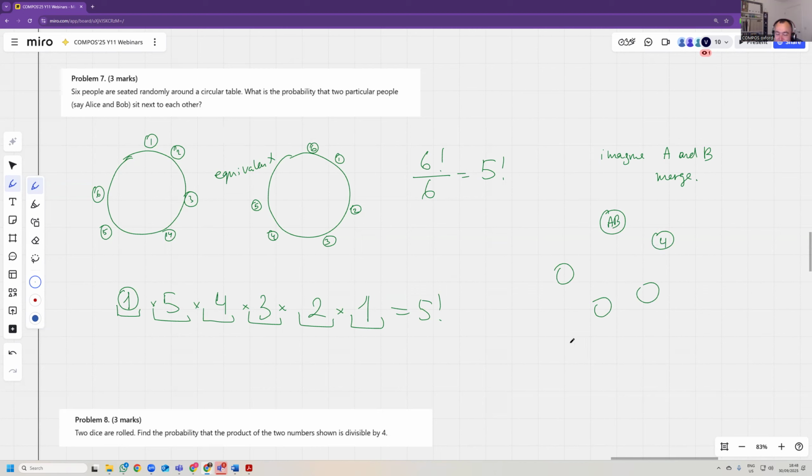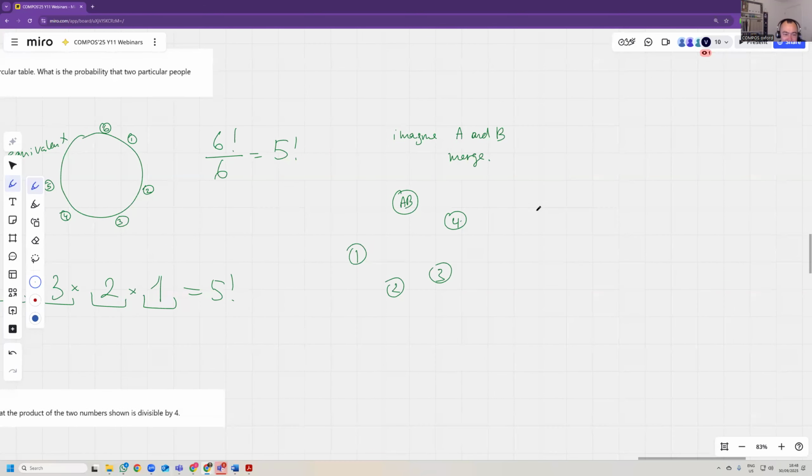There are 4 choices for this seat, 3 for this, 2 for this, and 1 for this. So that's 4 factorial ways to seat. But also, Alice and Bob can sit like this, AB, or the other way around, BA.